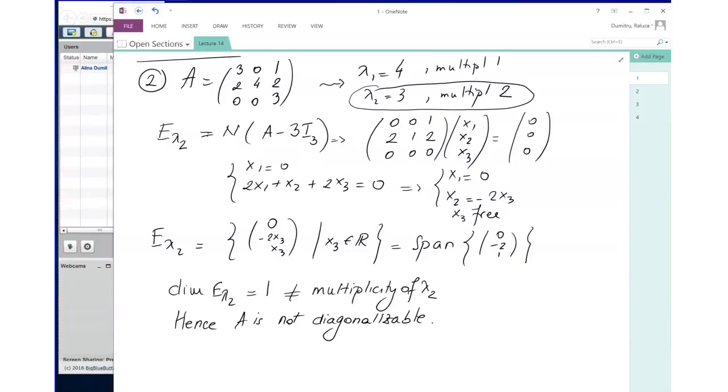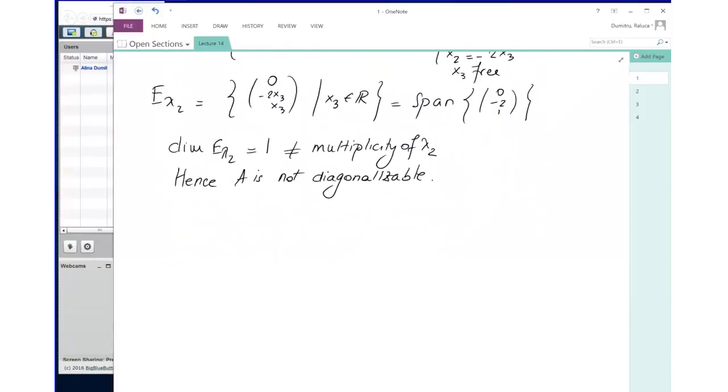So how, from this process, do we get that a diagonalizable matrix is similar to a diagonal matrix? Well, here is the idea.